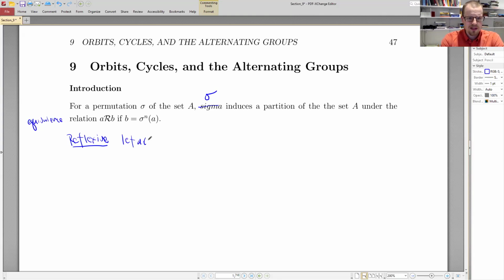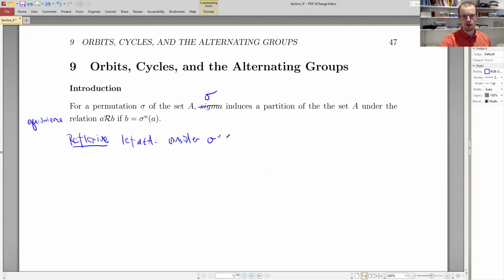Let a be an element of A and consider sigma to the 0th power. When we want to look at what's generated by an element of a group, what's generated by sigma, our collection of permutations form a group. So we can look at sigma to the 0th power, first power, second power, or negative first, negative second, and so on.